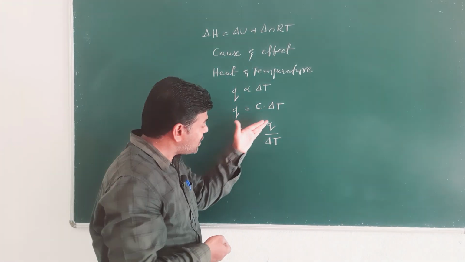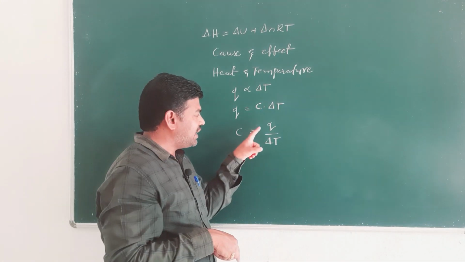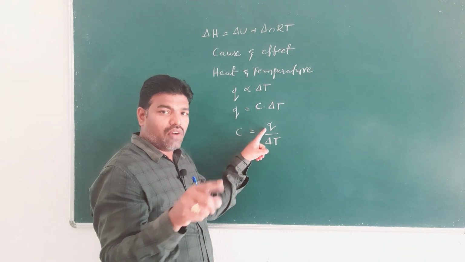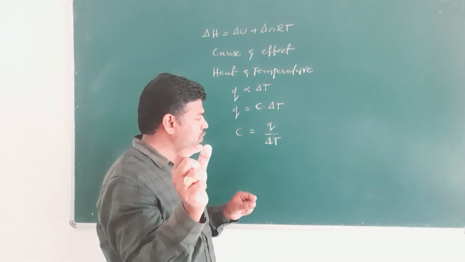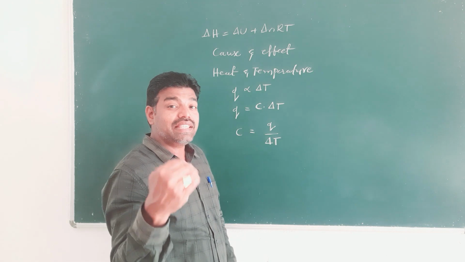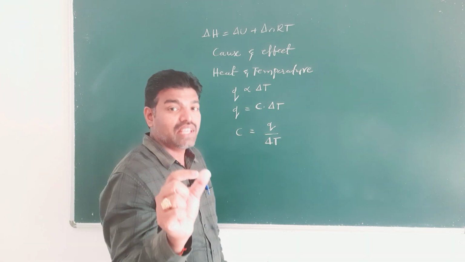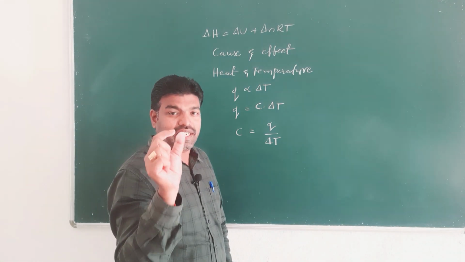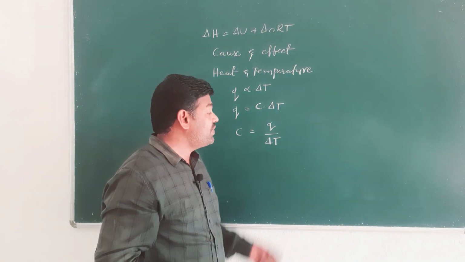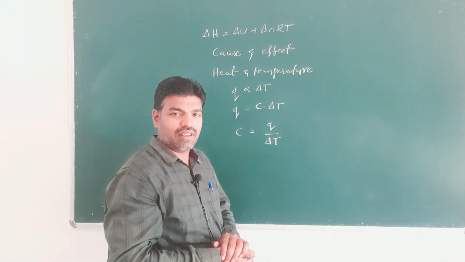And from this equation we can conclude another statement. When Q amount of heat is given to the system, it will raise the temperature of the system to a small extent if the heat capacity is large, right.